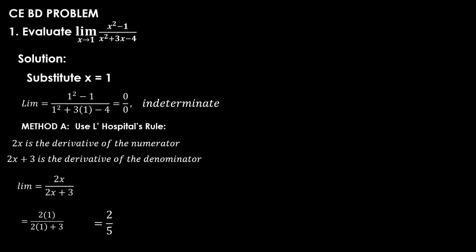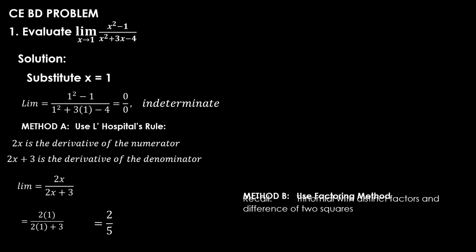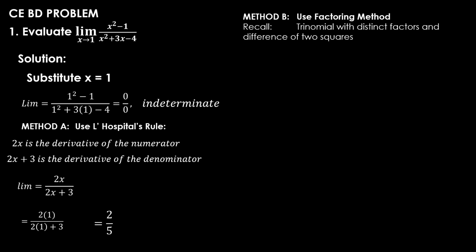Now, how about trying another method besides using L'Hospital's rule? Why don't we use the factoring method as an alternative method? So let's try. If I use method B, the factoring method, I have to recall two types of factoring.